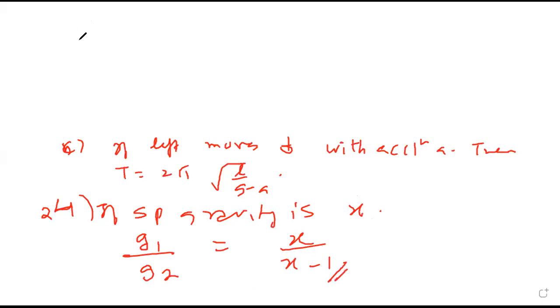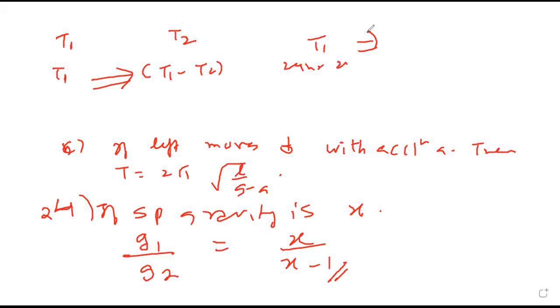Now, how did the time period formula come? Suppose T1 is correct time and T2 is new time. That means the change is T1 minus T2. So in one day, that is in 24 hours, that means in 24 into 3600, what will be the change?